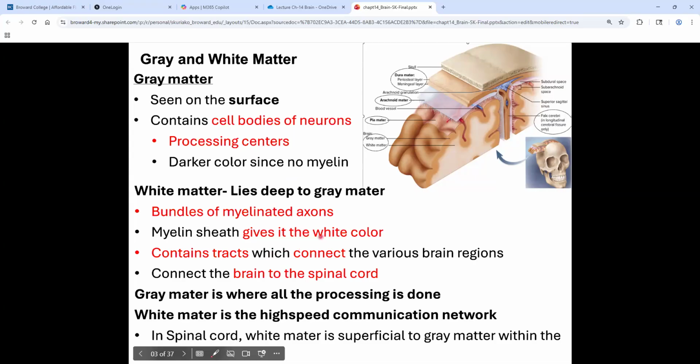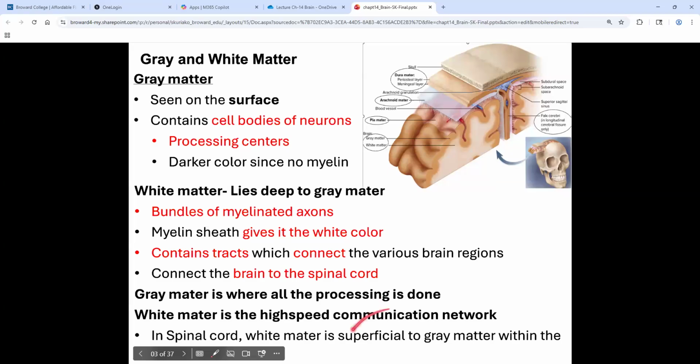So that's why it is white in color. So when you talk about the white matter, it's like tracks carrying the information from the gray matter to the other parts of the body or to the other parts of the brain. So it is full of tracks. So in a sense, gray matter is where the processing is done, and white matter is the high-speed communication cables. Okay, does it make sense? Right.